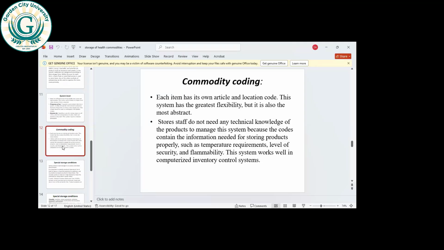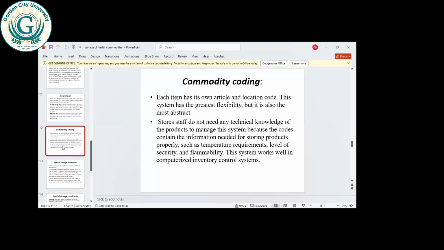Okay, probably you can use that for certain categories of items. So if you want to categorize items according to certain criteria, for instance, you can talk about high security items that require high security, or you can talk about narcotic drugs.